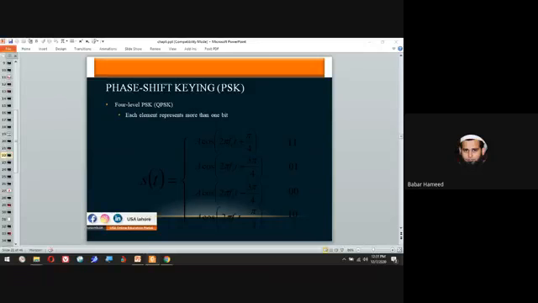One more variation of QPSK is offset QPSK. Its full name is offset quadrature phase shift keying, or another name is orthogonal quadrature phase shift keying.